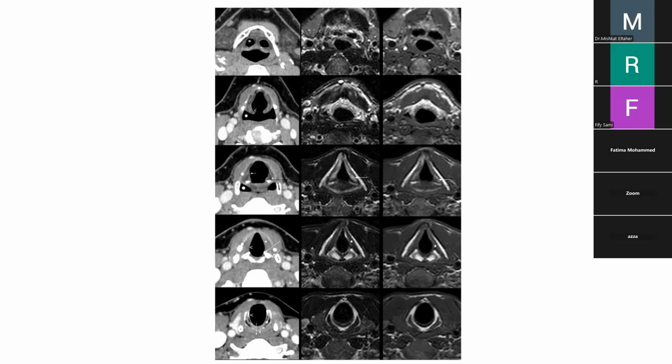Also note the apposition of the postcricoid mucosa, pointed by that short arrow, to the posterior hypopharyngeal wall, marked by the long arrow. So the short and long arrows point to the two mucosal surfaces opposing each other, the postcricoid mucosa and the posterior hypopharyngeal wall.